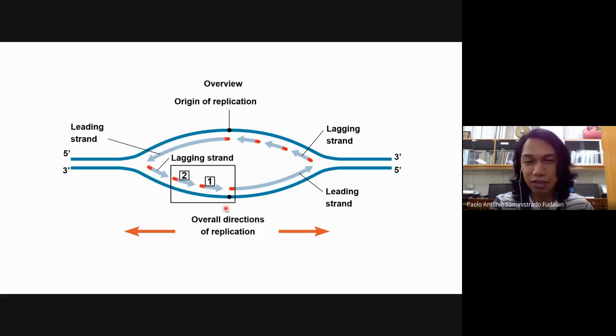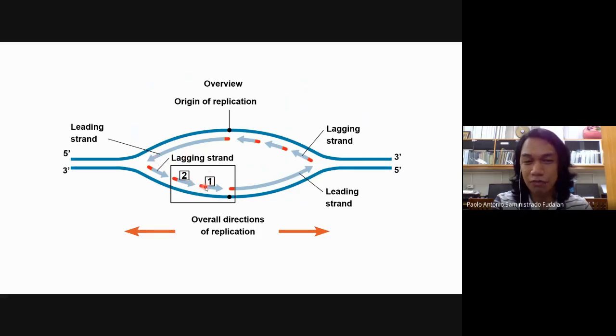Now we're dividing it into two halves. On the left half, the one on top is the leading strand because DNA polymerase continuously makes new DNA here. But on the bottom part here, this is the lagging strand because the DNA polymerase needs to stop and then go back.